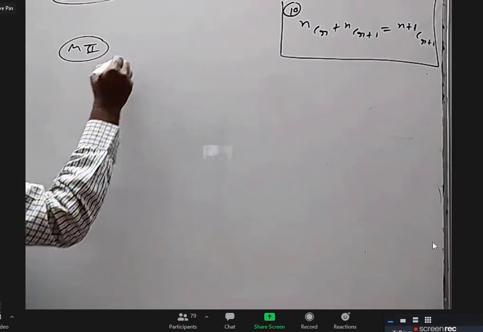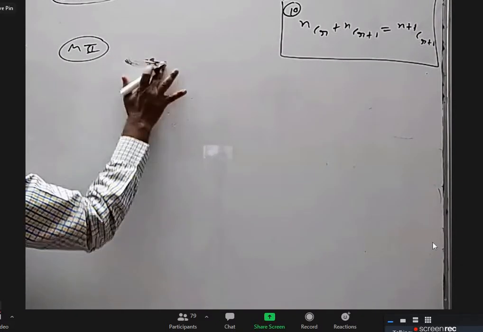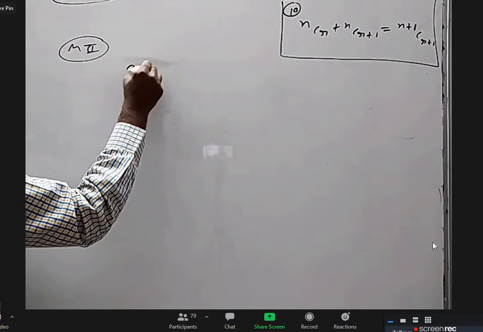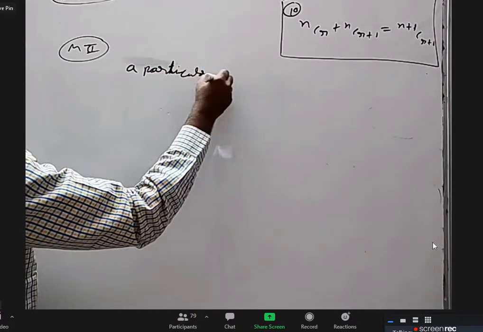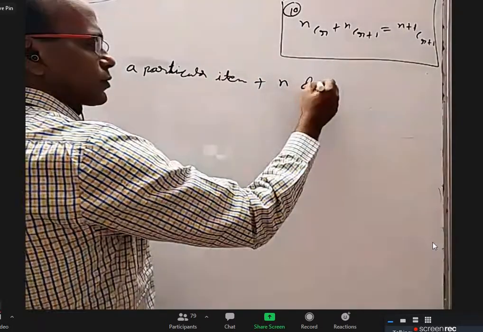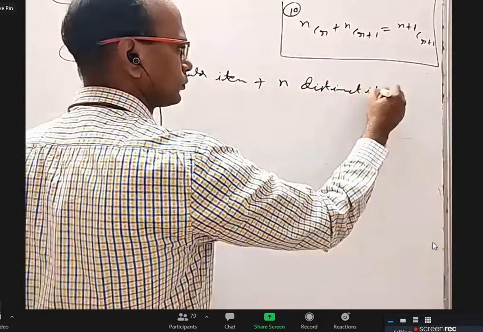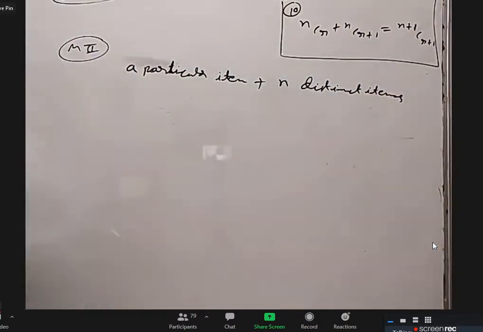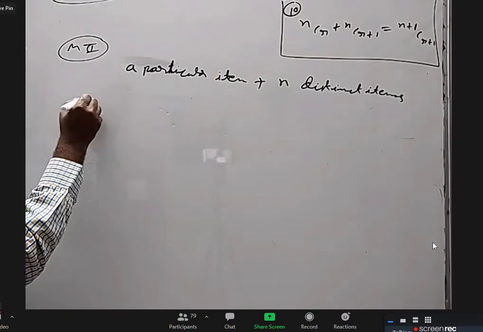I have a particular item plus n distinct items. One particular item plus n distinct items, total n plus 1 items.